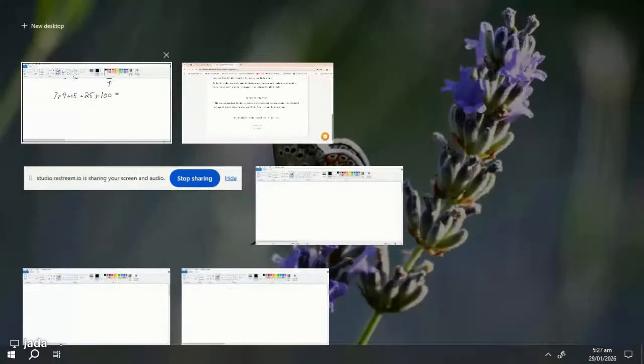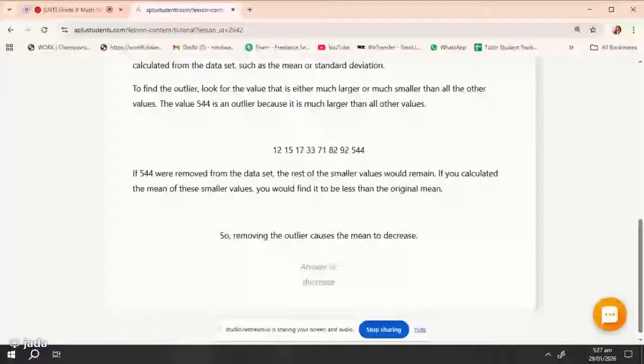Or otherwise we take the rest of the smaller values and find their mean. This is 12 plus 15 plus 17 plus 33, 71 plus 82 plus 92, and then divide by how many total values. It's 1, 2, 3, 4, 5. Add all the numbers and then just divide by how many total numbers.